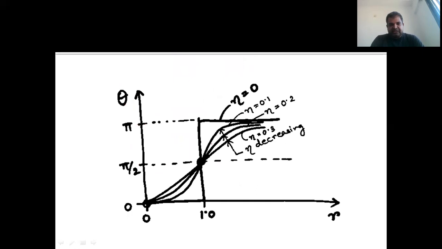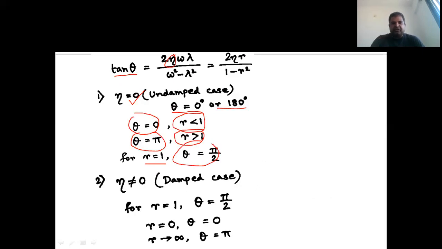Let's see this. I will take the summation of this and plot these particular things. You can put all the values in this. You can take different values of r less than 1, r greater than 1, and also r equal to 1, and find out the value of theta. In this equation you can put eta equal to 0 and use different values of r which is less than 1.